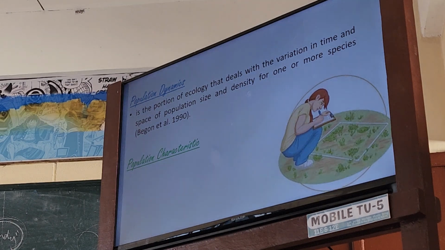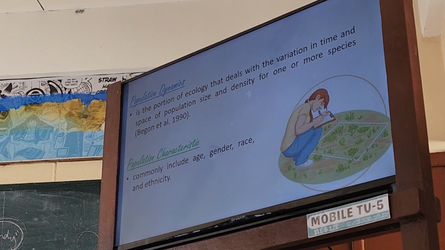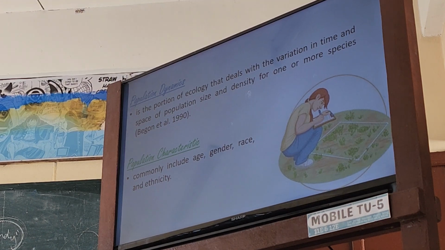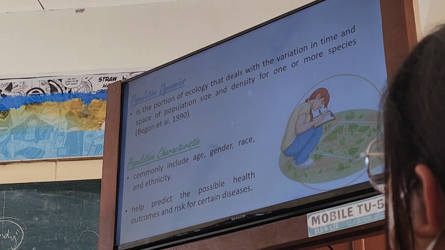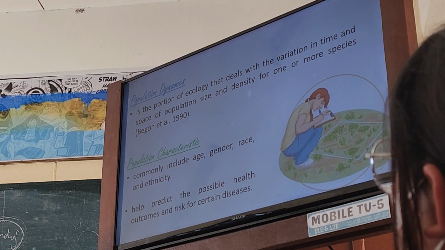Population characteristics primarily describe a population's age, gender, race, and ethnicity if we are referring to the human population. So both describe the population under study.